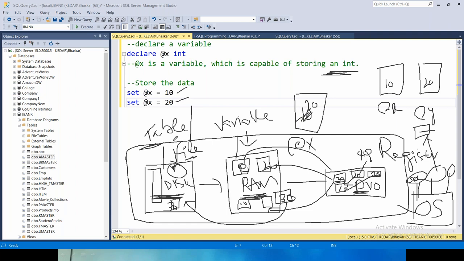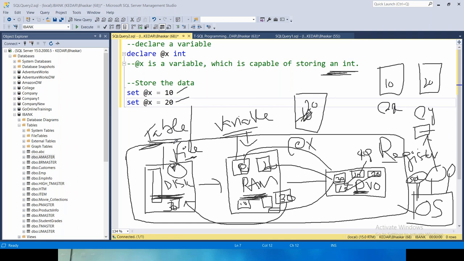Clear? So tables and files are going to be in the hard disk permanently. And if somebody says a variable, variables are always in the RAM, and the data from the variable is going to go to the processor. The processor stores the data in the form of registers. Clear? So we never create registers, but we create variables or we create tables.